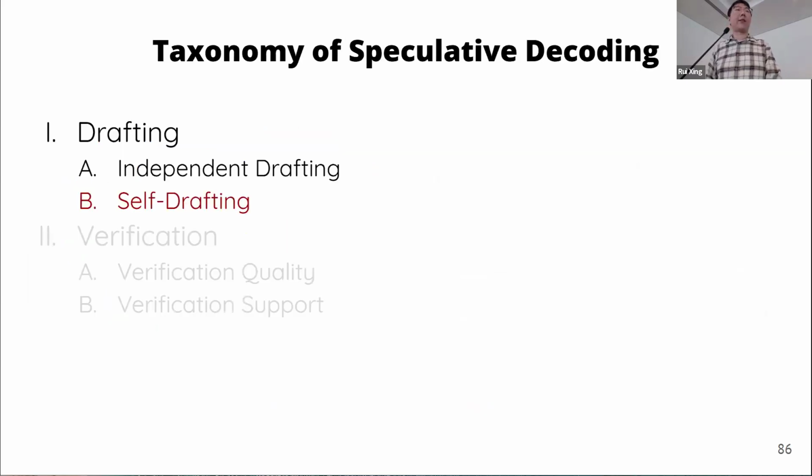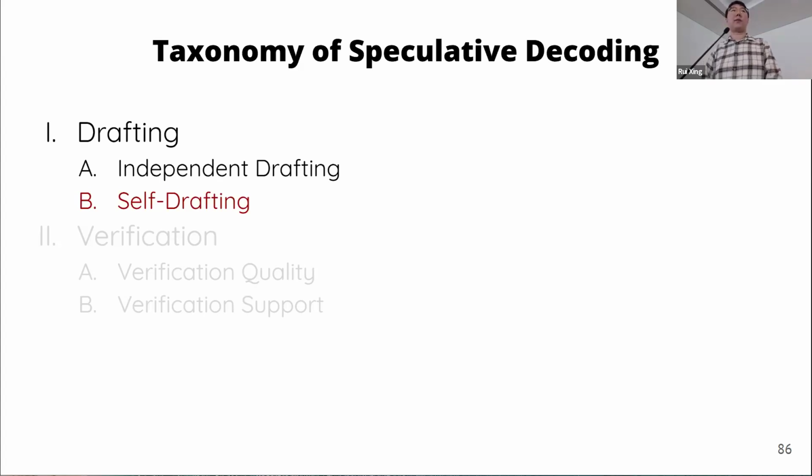Okay, so this is part of independent drafting. We can see a lot of different methods proposing different interesting ideas. Next, we will introduce the self-drafting paradigm. As we have already mentioned, independent drafting requires an independent model, which must share the same tokenizer as the target model.